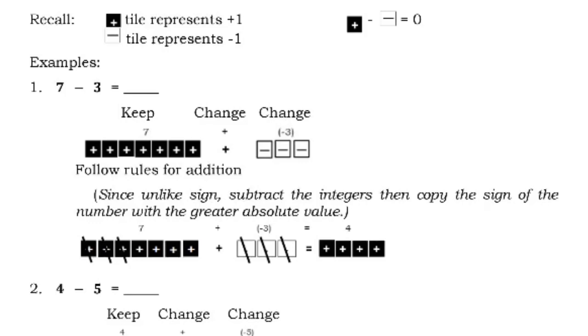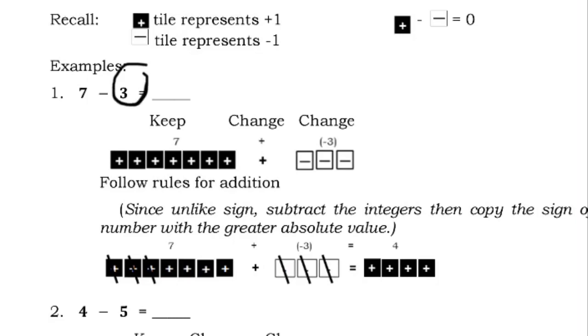So examples here. Number 1, 7 minus 3. So you're going to have 7 positive tiles. Then you're going to change the negative sign as positive. And you're going to change the sign of 3. So from 3, make this one negative 3. So 3 negative tiles.